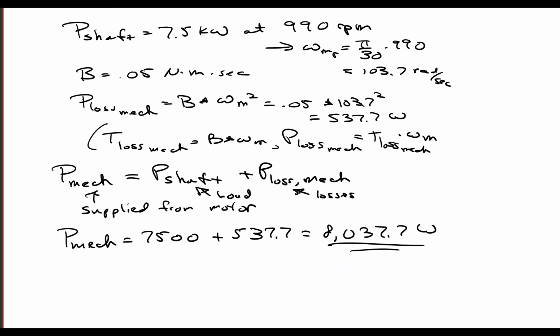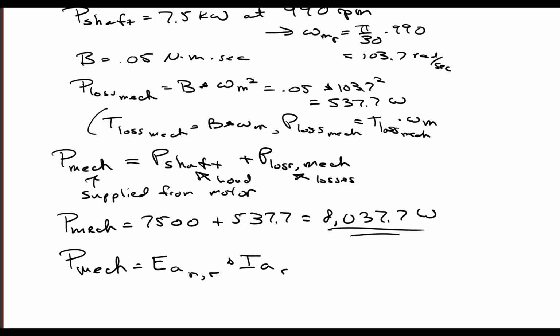So we're operating under rated conditions and the nominal conditions of the motor. So we know that P mechanical is going to be equal to E_A, that's the nominal rated, times the armature current of the rated condition that we're operating under here.